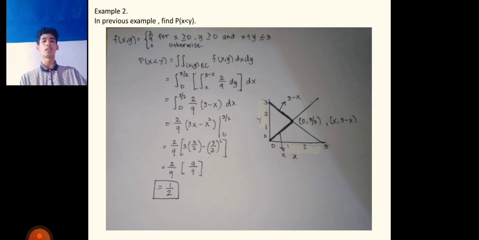Substitute 3 halves for x. So 2 over 9 times 3 times 3 halves minus 3 halves squared, which is 9 over 4. So 2 over 9 times 9 over 4 is equal to 1 half.